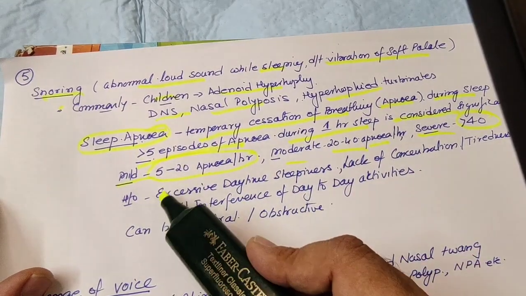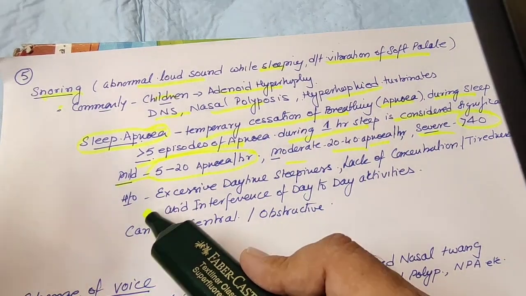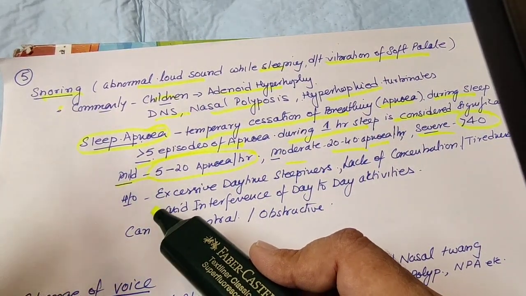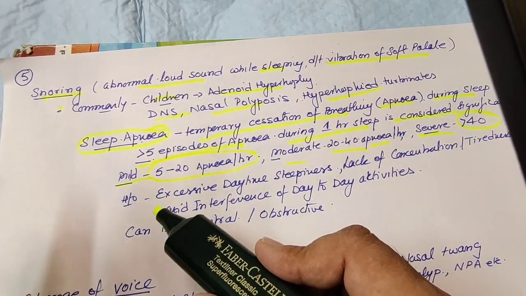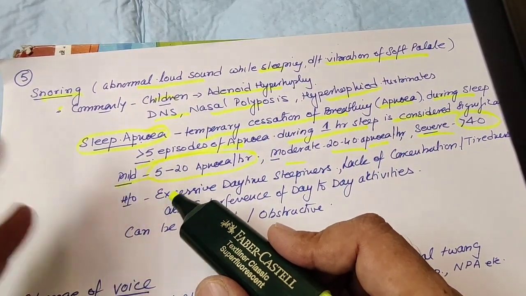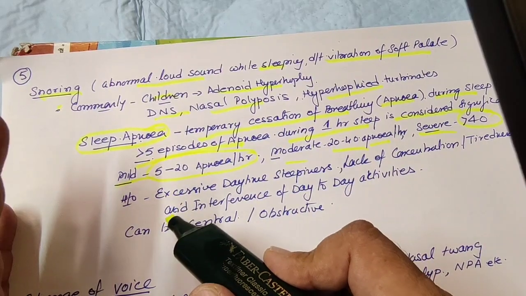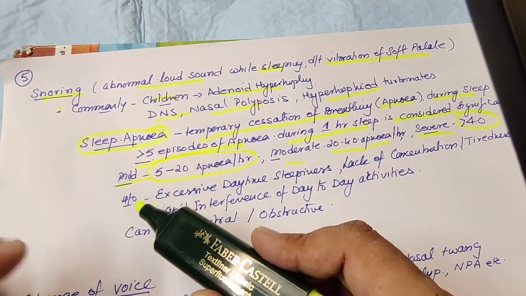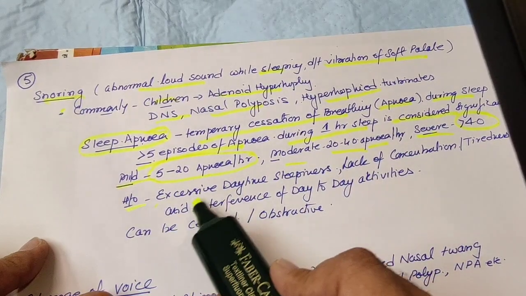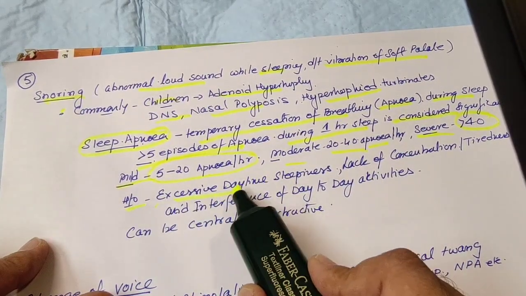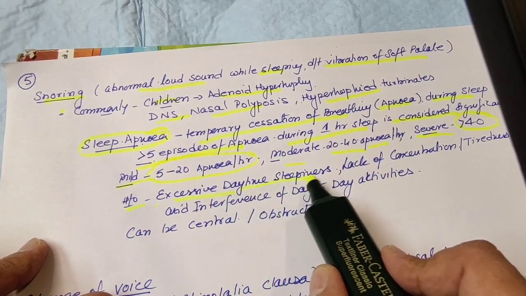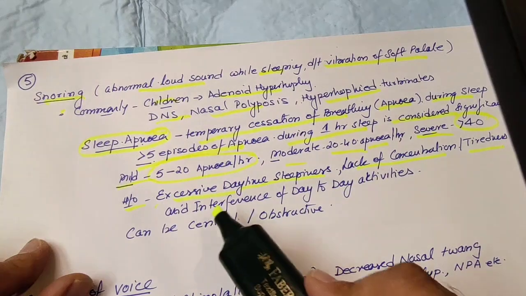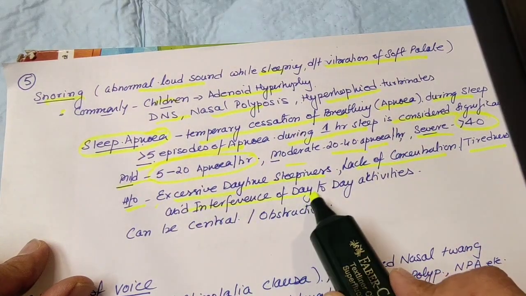The partner has to tell the history, and you must ask the patient's attendant if there is any history of snoring or sleep apnea, because nowadays this is a very common cause of morbidity as well as mortality in the adult age group. So for any patient with a nasal problem, we must look into the aspect of snoring. And then the patient himself or herself will give the history of daytime sleepiness, lack of concentration, extreme tiredness, and maybe interference in day-to-day activities.